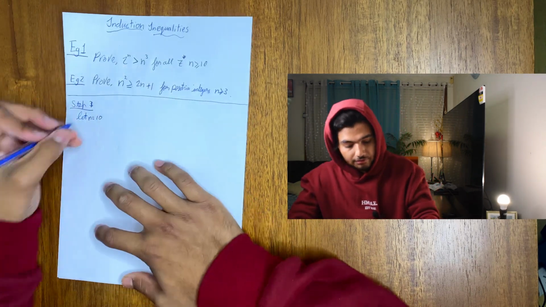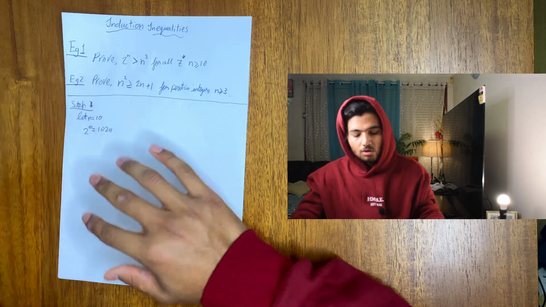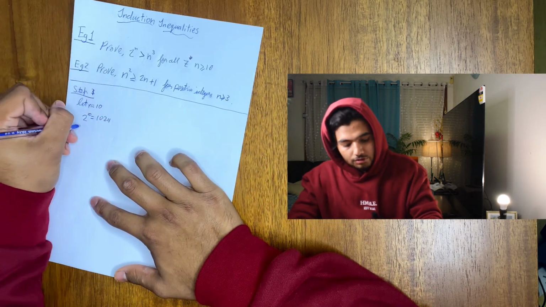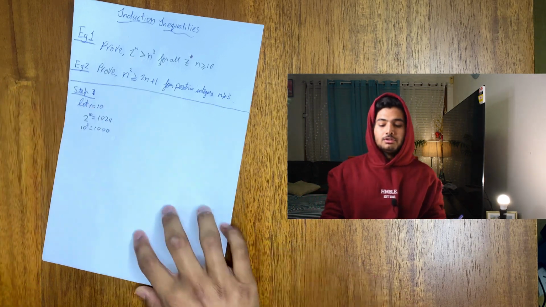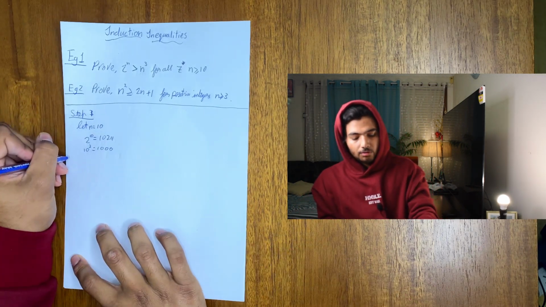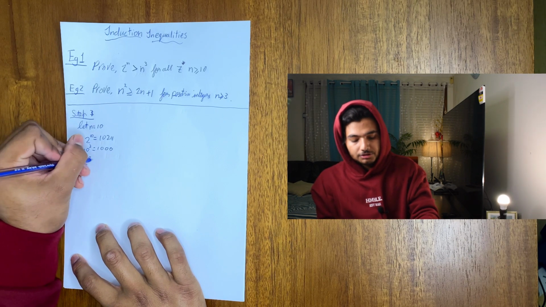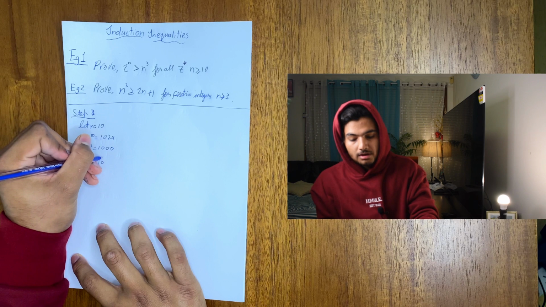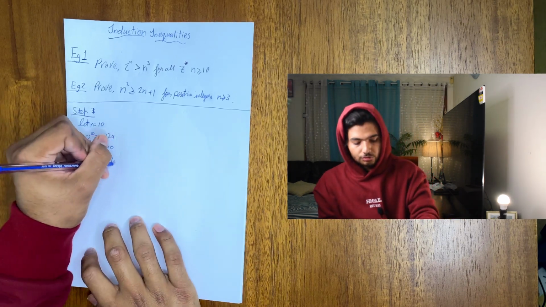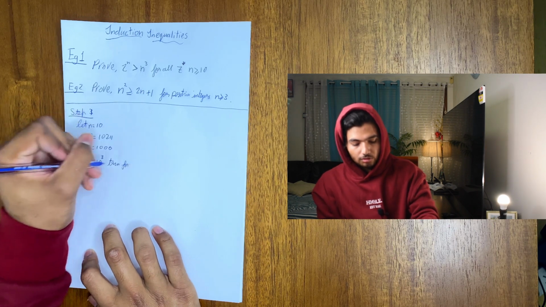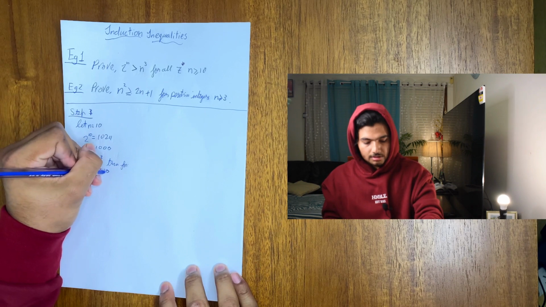So 2 to the power of 10 equals 1024, and 10 cubed in this case is 1,000. Therefore 2 to the power of 10 is greater than 10 cubed. True for n equals 10.